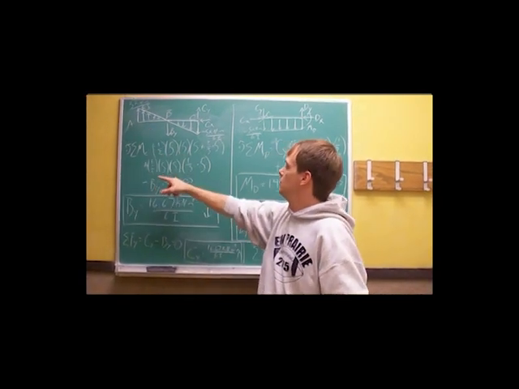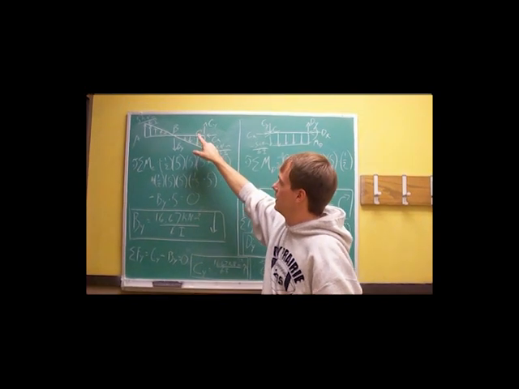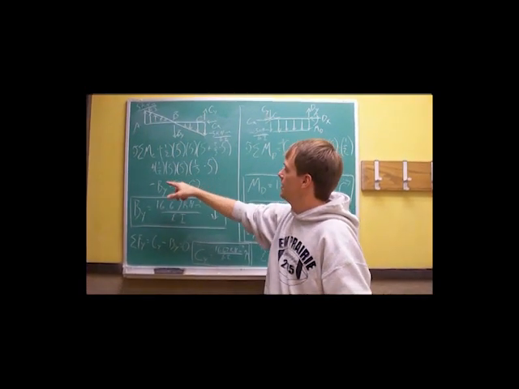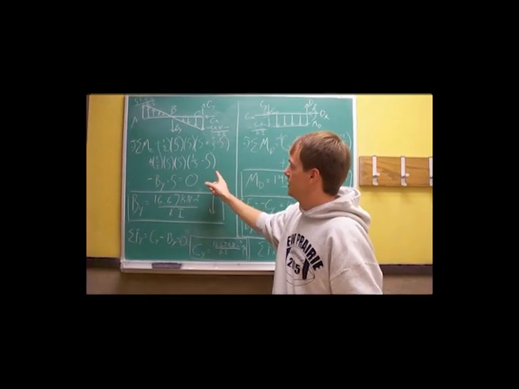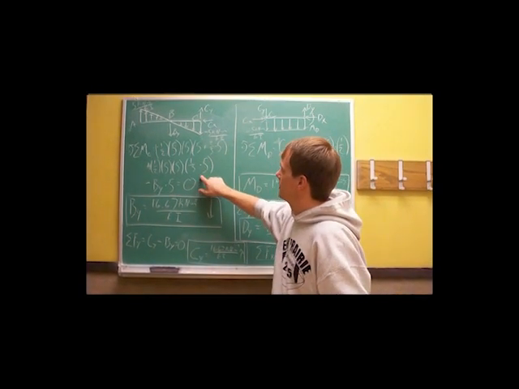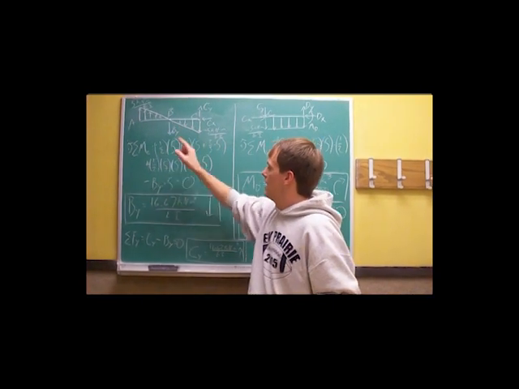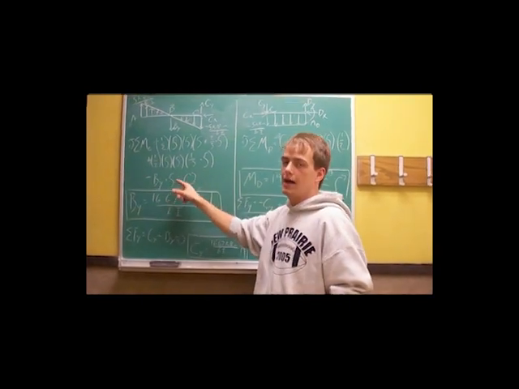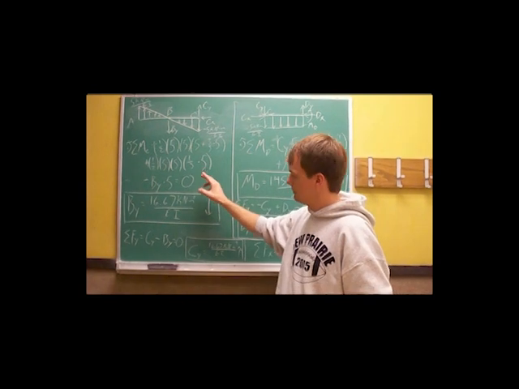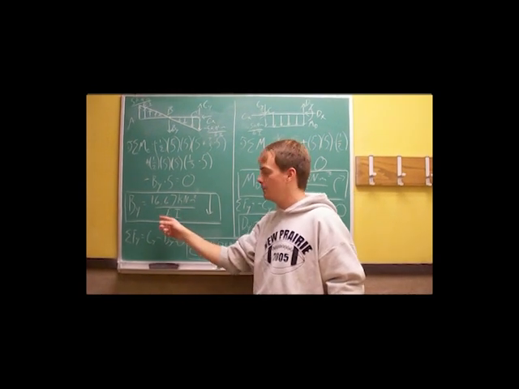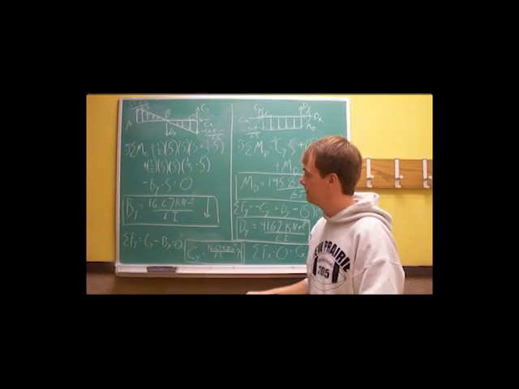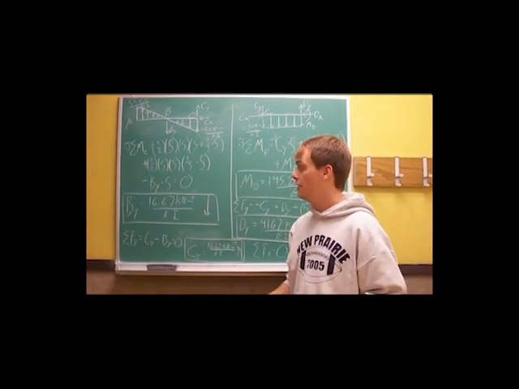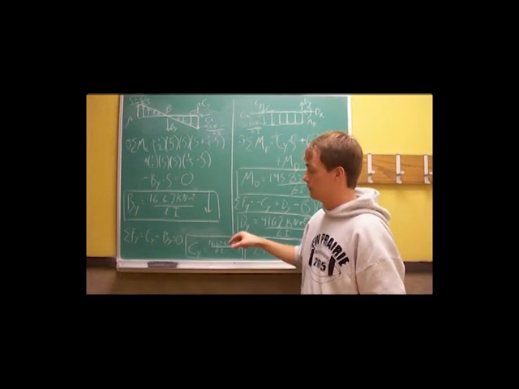Then plus the other triangle, which is the same thing but with a different moment arm this time since we're about C. Then we subtract BY times 5, and that all equals 0. When you do the math, it comes out to BY equals 16.67 kilonewton meters squared over EI, and that's downwards.